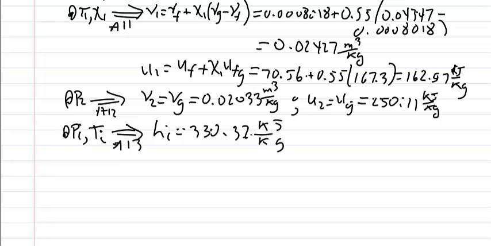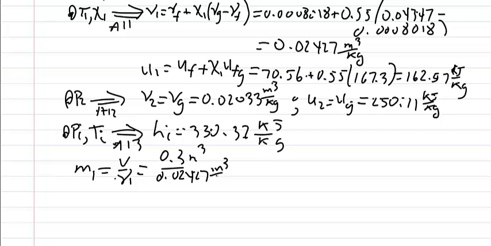Let's find our masses. So M1 is the volume over the specific volume V1. So we get 0.3 cubic meters divided by 0.02427 cubic meters per kilogram. And this gives me the initial mass in the system of 12.36 kilograms. M2 is found similarly. So this is the total volume over the specific volume.